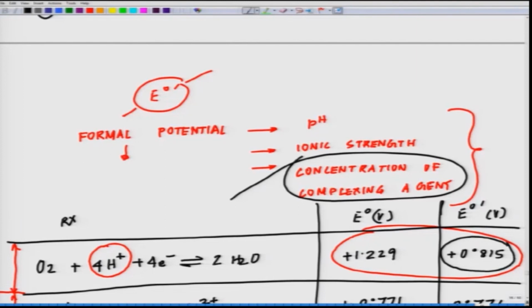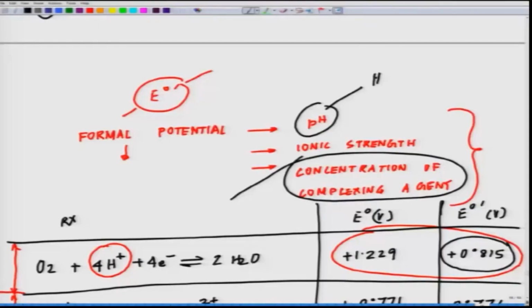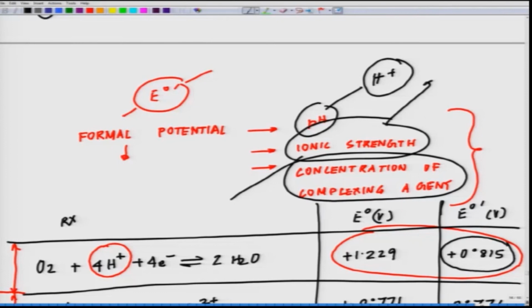I am not introducing all those at this point purposefully, but what I want is you people understand that whenever we talk about the formal potential for use in biochemical reactions, we have to always keep in mind the H plus ion concentration and the ionic strength, which cannot be unity, and the concentration of the complexing agent. Will come later as we move on to the different kinds of electrodes.